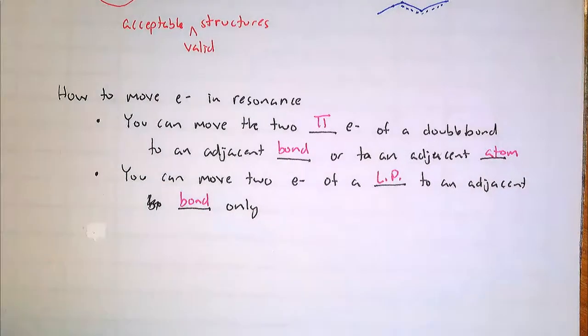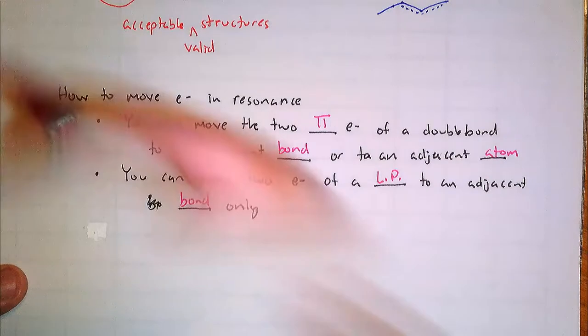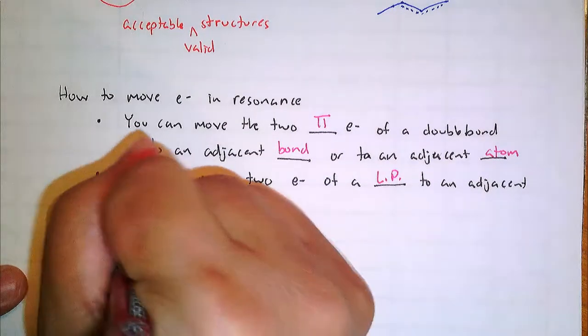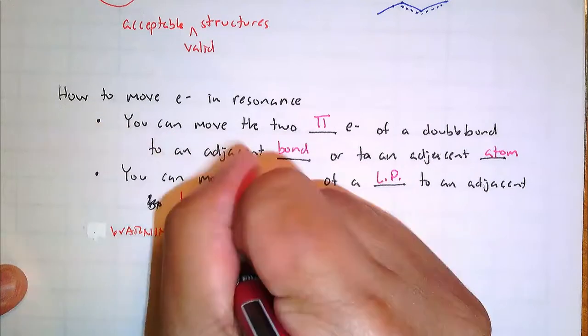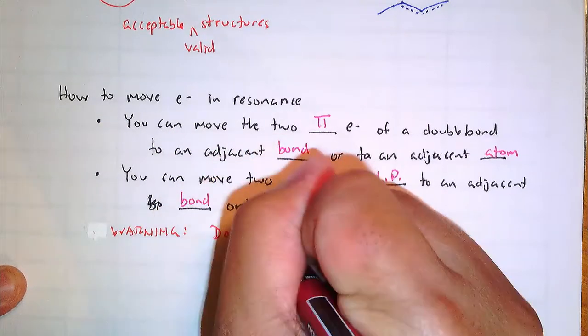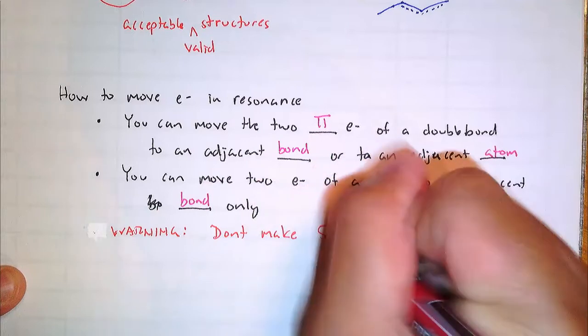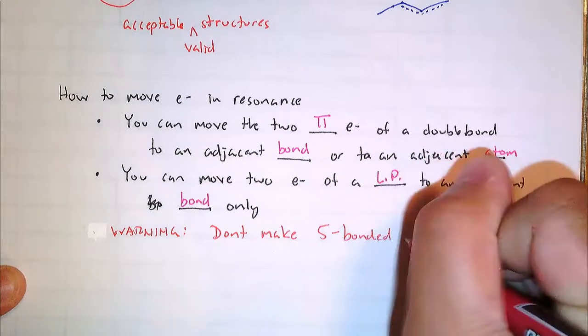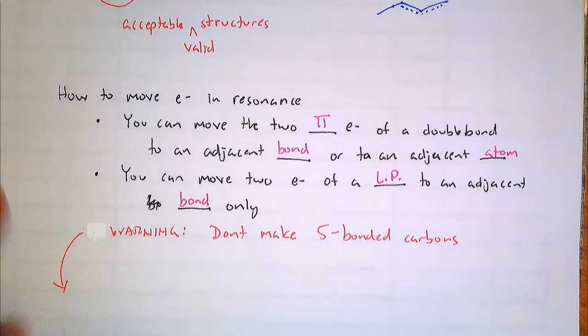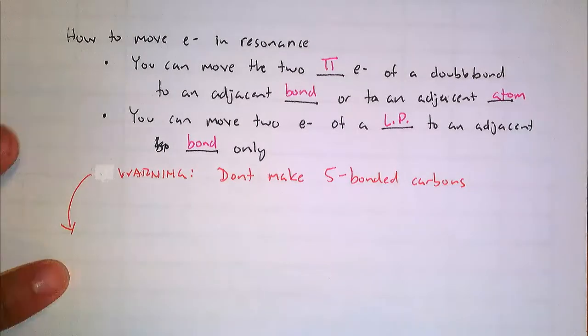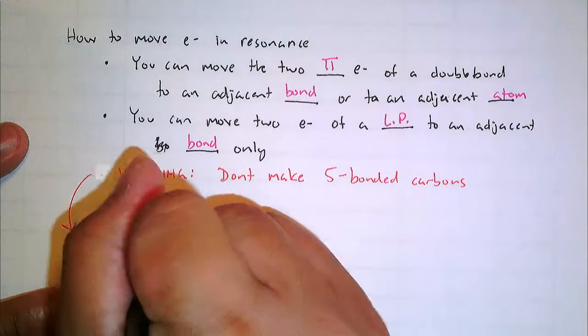The other thing I had down here was a warning. Not a rule, but a warning. And it's a very important warning. Don't make 5 bonded carbons. Let's take a look at one of our carbocations.